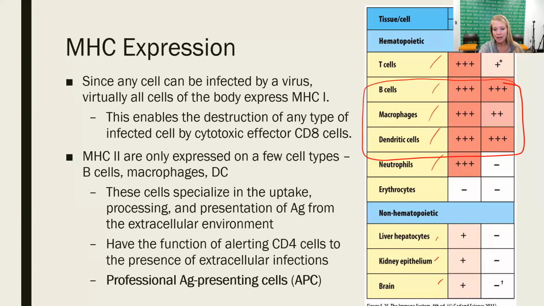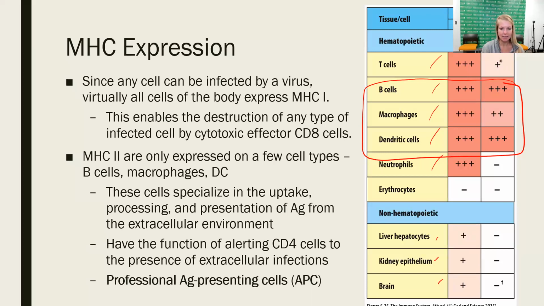Dendritic cells and macrophages are going to be a little different than B cells in the way that they interact, but nonetheless, it's still all through MHC class 2 and CD4 interactions. And so we call these three cells not just antigen presenting cells, but rather professional antigen presenting cells. It just adds another level of importance, right?